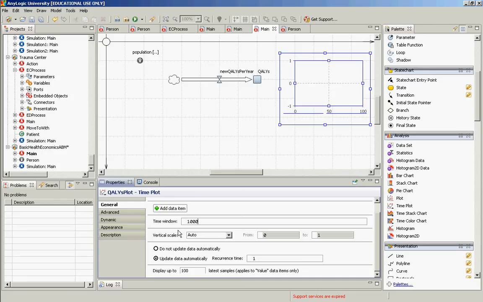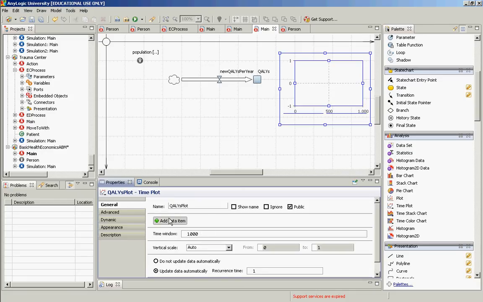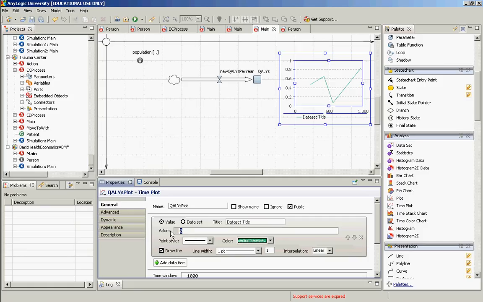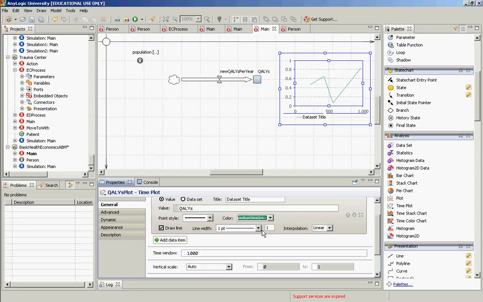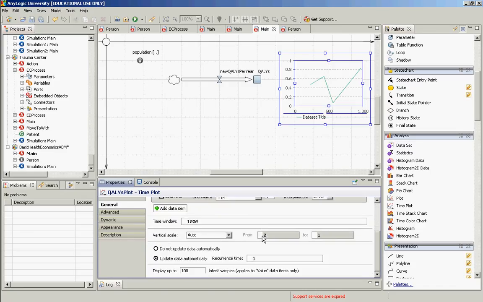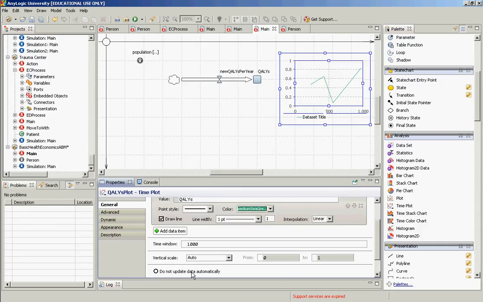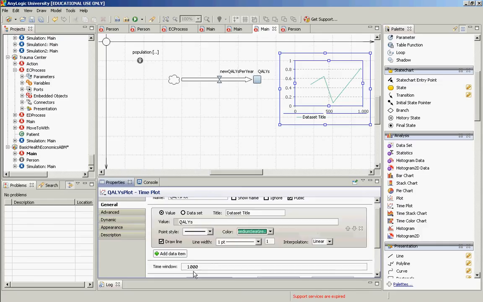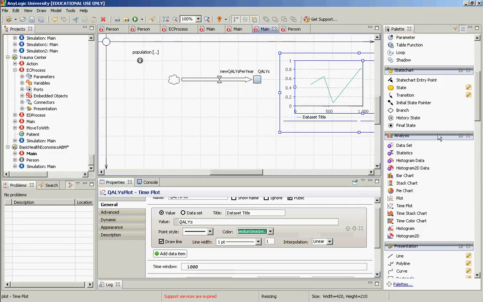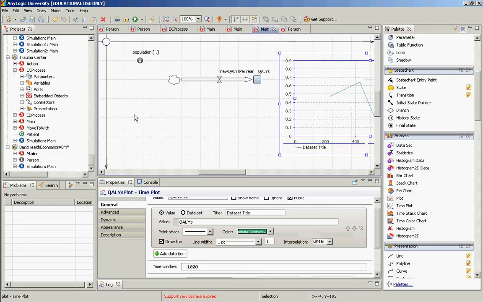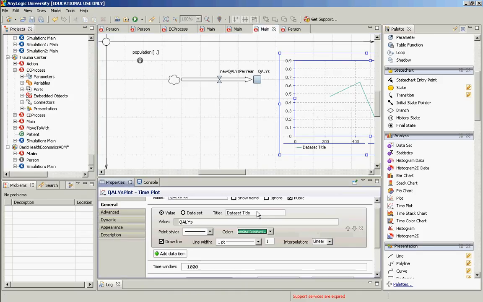We'll have this updated automatically, and we'll add a data item to this, which will be the cumulative quality-adjusted life years as indicated in that stock. If we do this once a year, we'll want to draw as many samples as possible. We could drag this out, and it would be nice to give it a title. So, qualies lived.